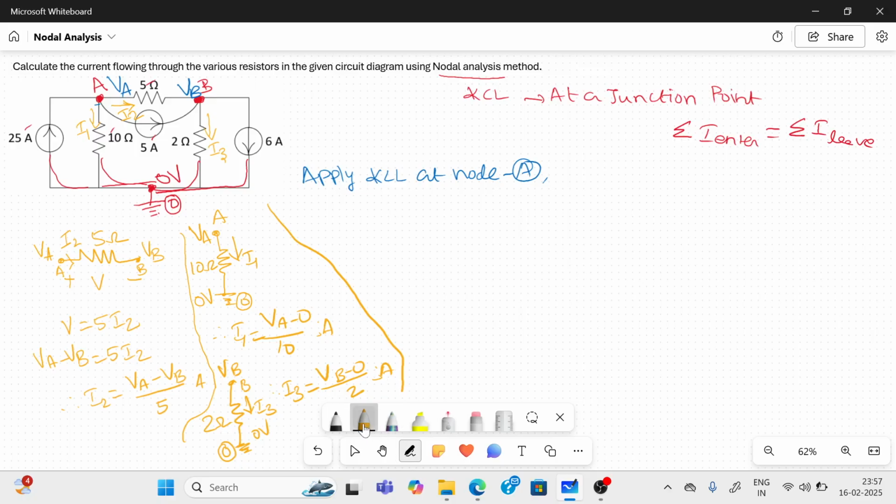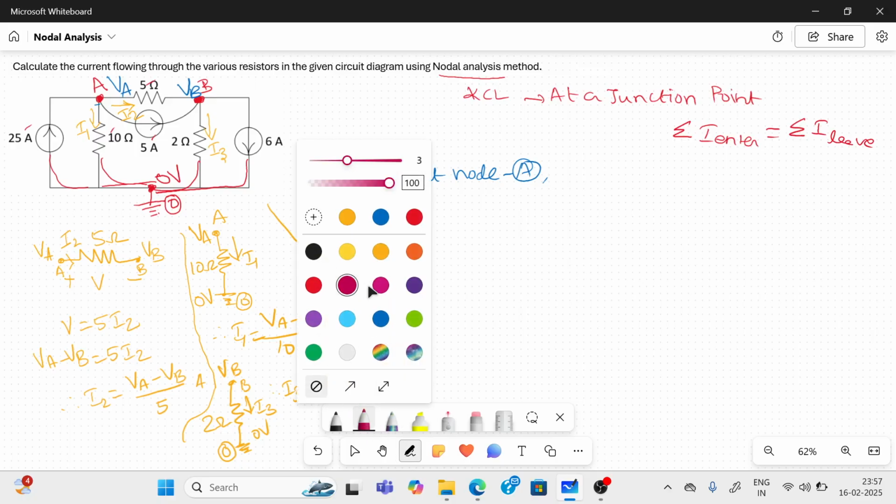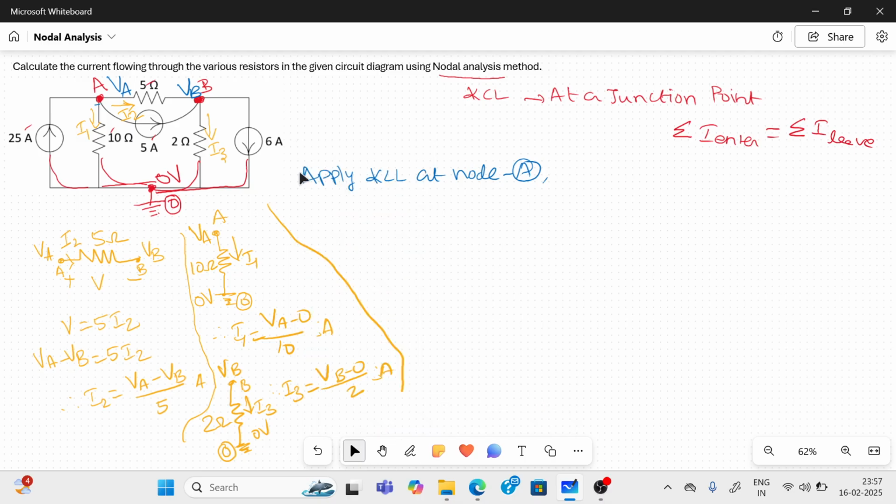Now we can go for applying KCL for each node. I will take node A. What are the currents entering? 25 amps is entering, so the sum of the current entering is 25.